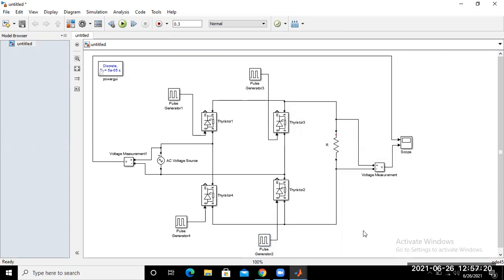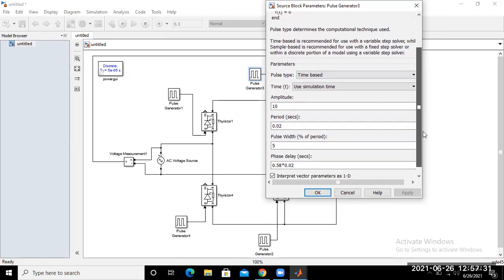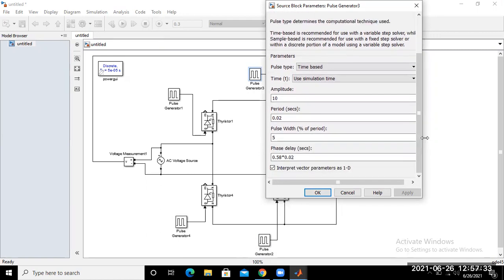So what is the phase delay of thyristor 3 and 4? You may change their phase delay. What is the value of phase delay for this one? That means 180 degree plus the phase angle delay, that is 45 degree.